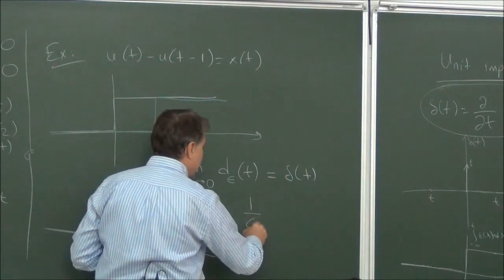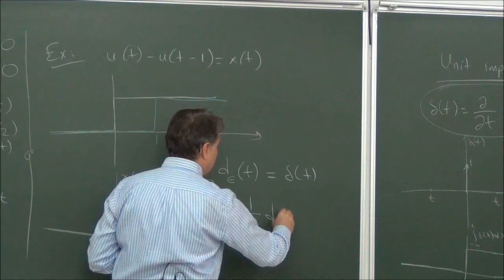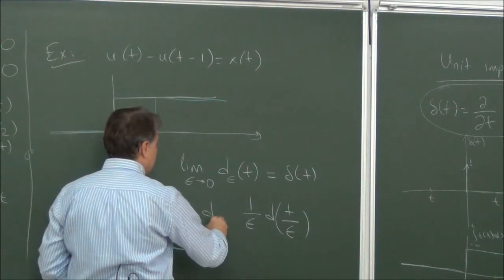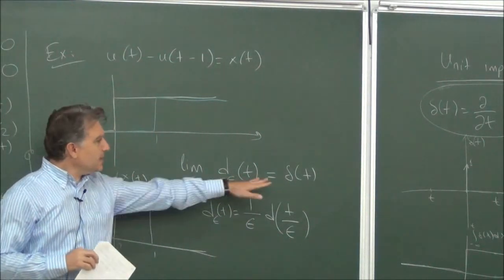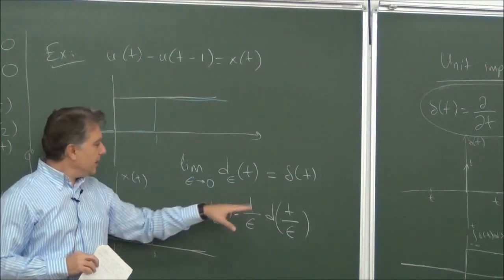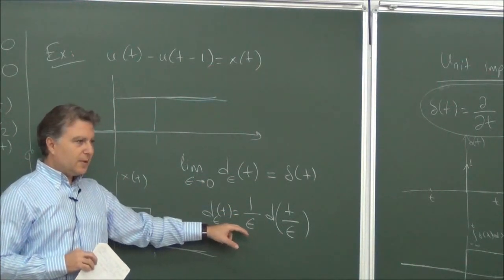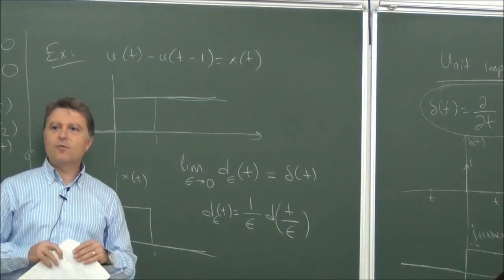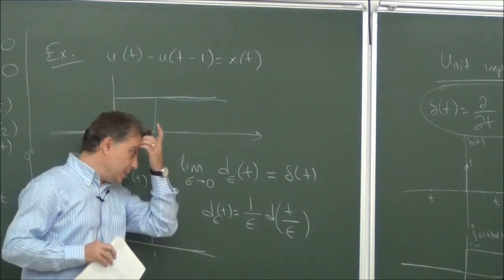The height will be 1 over epsilon. This was the d epsilon of t, as you may remember. So this is a limiting case. And in that limit, regardless of the value of epsilon, we'll always have an integral, an area of 1 underneath it. So the integral will always be 1.